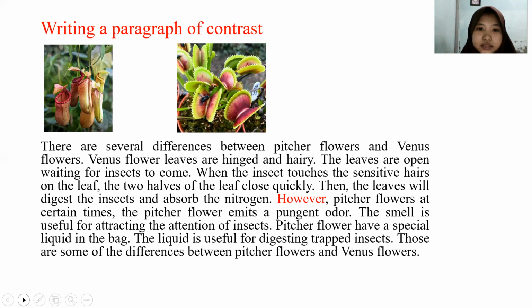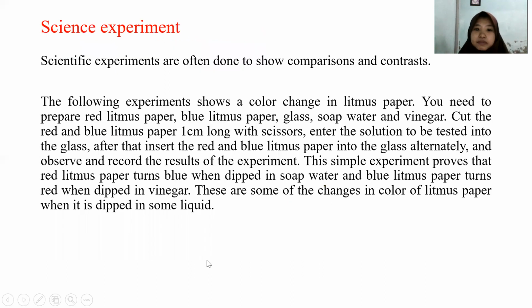All right, next is the science experiment. Scientific experiments are often done to show comparisons and contrasts. The following experiment shows a color change in litmus paper. You need to prepare red litmus paper, blue litmus paper, glass, soap, water, and vinegar. Cut the red and blue litmus paper 1 centimeter long with scissors. Pour the solution into the glass.